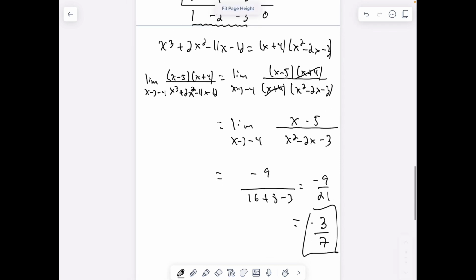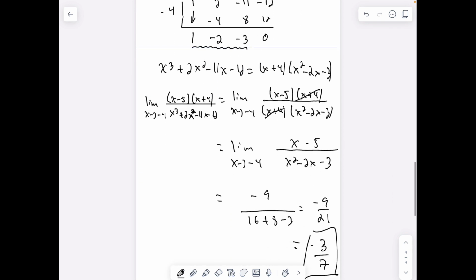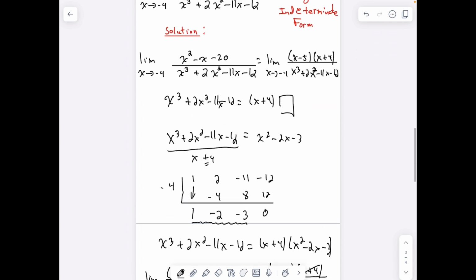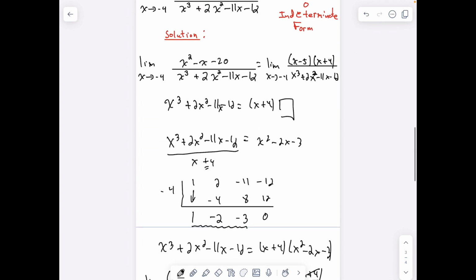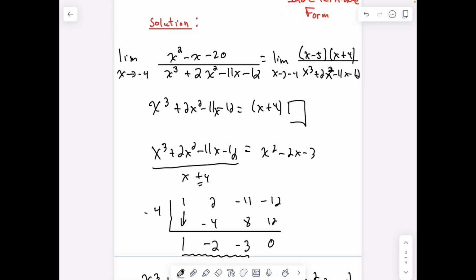Okay. So the key here was to factor. And the factoring wasn't easy. That was an important thing to know. We had to factor both the numerator and denominator. The numerator was okay, but the denominator was the issue. And I used a fact from algebra that says if you have a polynomial and you know that a value makes it equal to 0, then x minus that number is a factor.